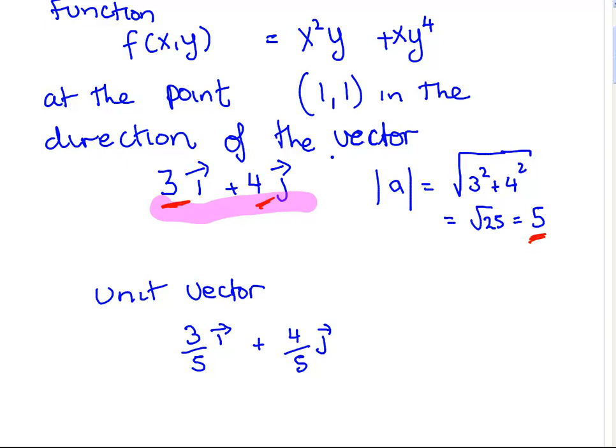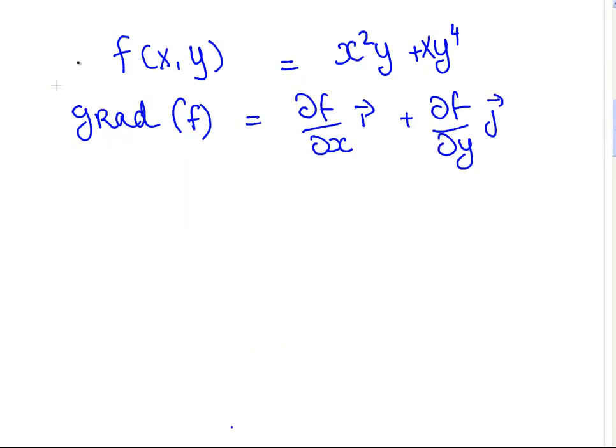Now, this is our function here again, f of x y. We are going to evaluate the gradient of f, and that is a vector comprised of the derivative of f with respect to x, that's the i component, and the j component is the derivative of f with respect to y. So let's get both of those, the partial derivatives.